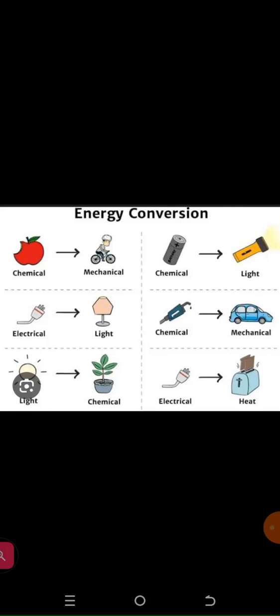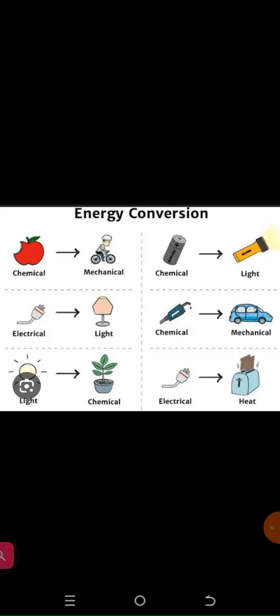Like food has chemical energy. When we eat food, it gives us energy to perform different activities. Electrical energy: when we turn the switch on, the electrical energy converts into light energy. Solar energy, the light energy of the sun, is converted into chemical energy by the plants during the process of photosynthesis.